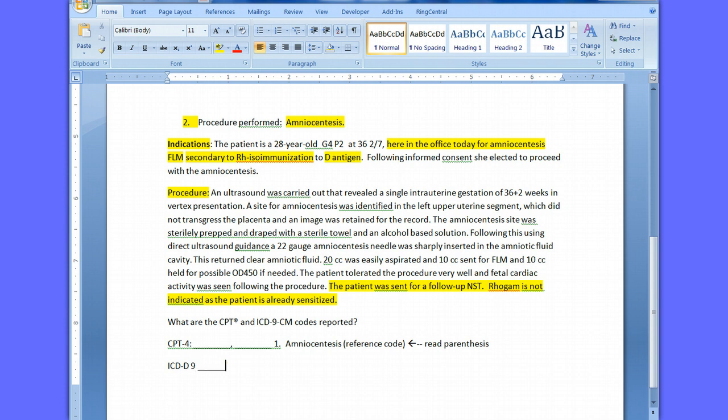For ICD-9, we see that the woman is basically pregnant, and the woman, let me see, she has, I want to say, I'm looking for the correct term. Well, we can go to pregnancy. And let me just type this out. I believe the term is supervision, and I don't have my book open.